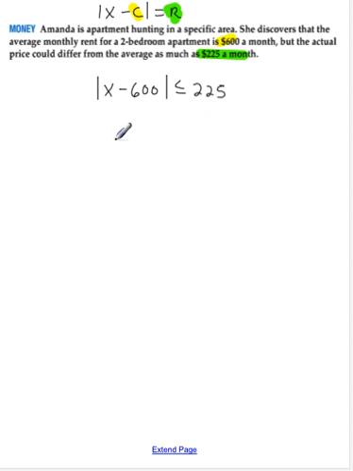So solving this, I'm going to just split it into the two cases. So I've got x minus 600 is less than or equal to 225. And the other side, x minus 600 is greater than or equal to negative 225. Again, remember to flip the inequality in the negative case.